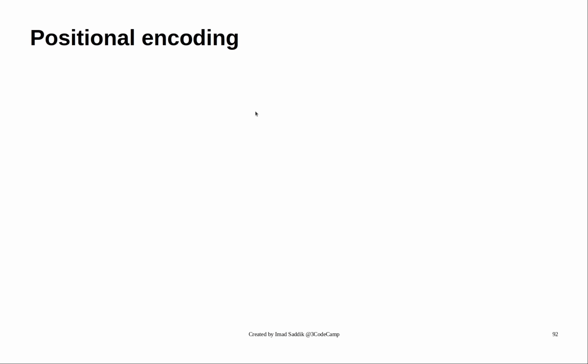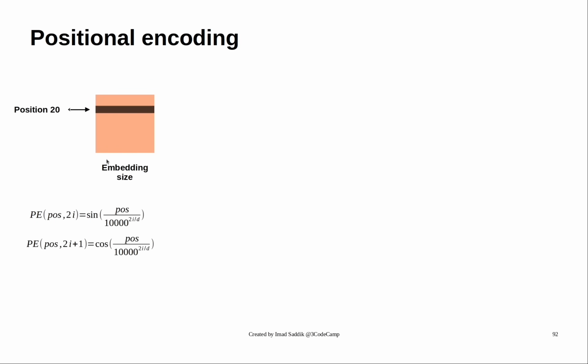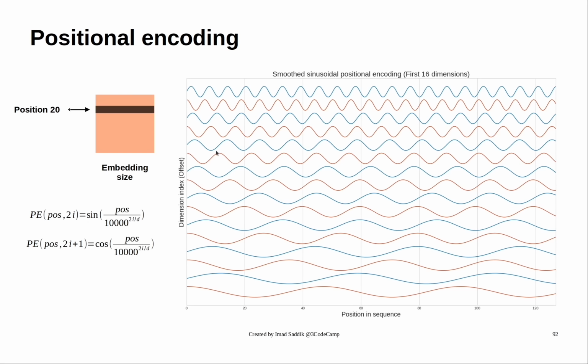Here is how this method works. We build a tensor shaped max length by embedding size, like what we have seen before. Here, let's just focus on the 20th position. We apply the formulas that I showed you in the previous slide for each dimension of the embedding. Here is what the wave plot looks like. The x-axis is the position, and the y-axis is the embedding dimension.